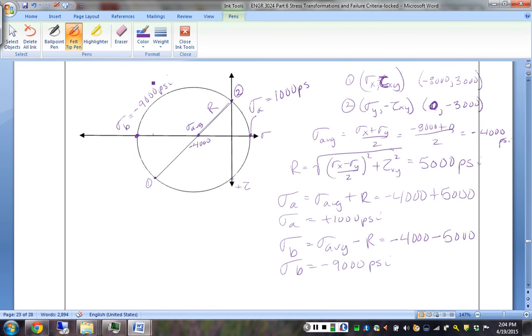Now, we have to remember that in a state of plane stress, our sigma C is always hanging out there at the origin. Then we need our maximum shear stress. So reorder sigma A, B, and sigma C: sigma 1 is the largest one, plus 1,000.